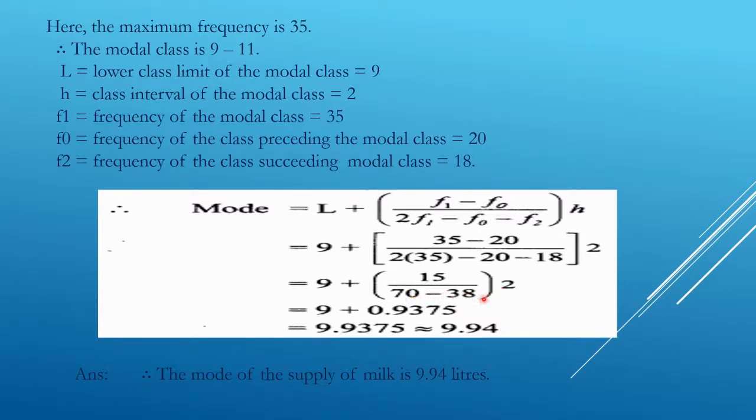That is equal to 9 plus 0.9375. That is equal to 9.9375, which is approximately 9.94. Therefore, the mode of the supply of the milk is 9.94 liters.